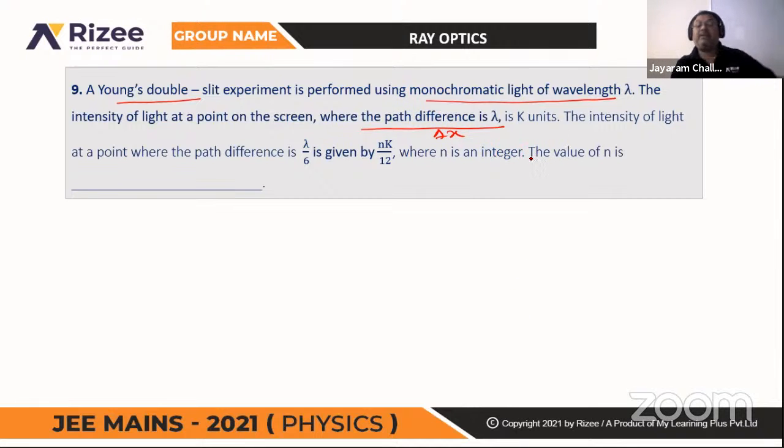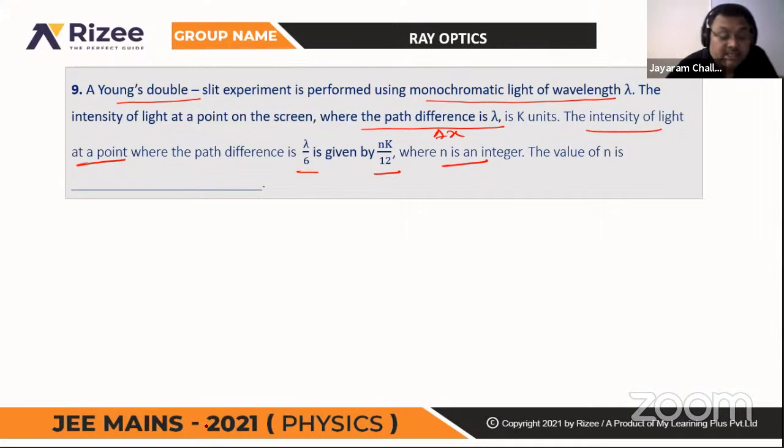The intensity of the light at a point where the path difference is lambda by 6 is given by nK by 12, where n is an integer.